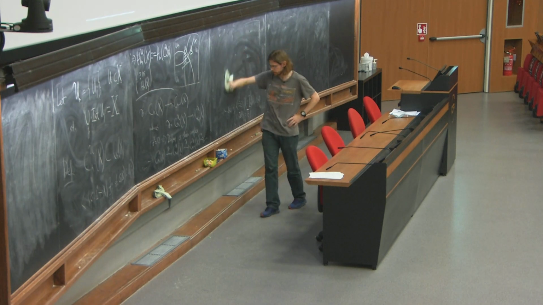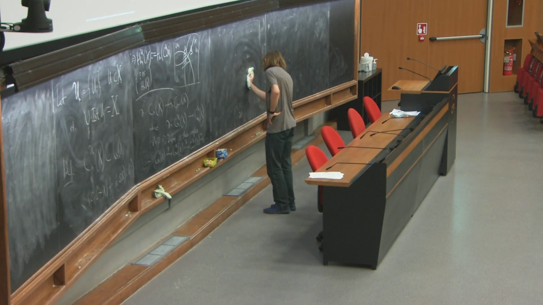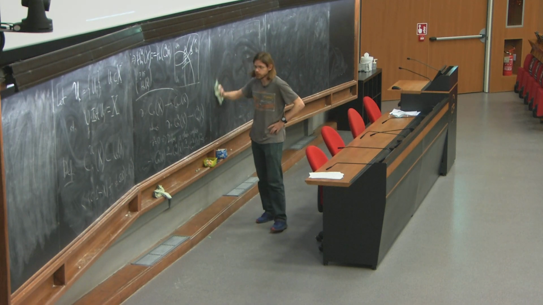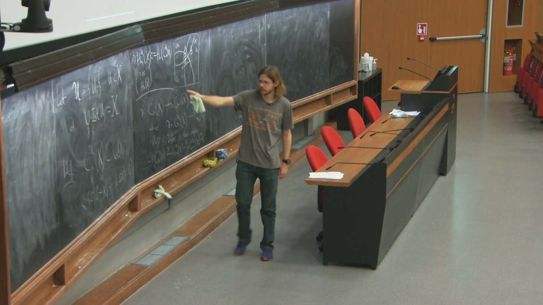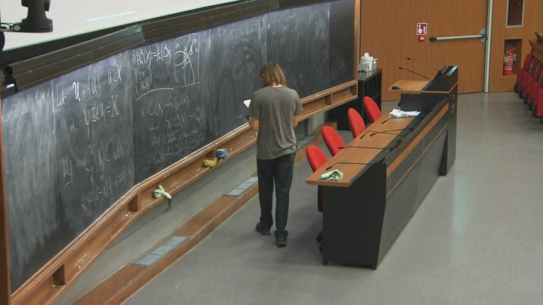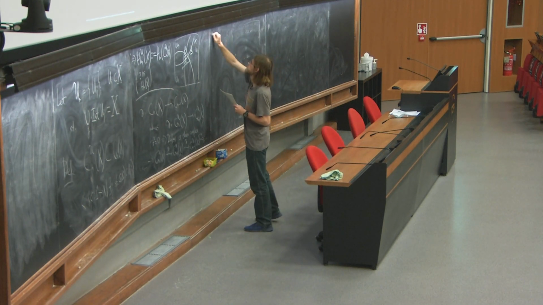So the formal statement we want to make is the following. Part of the statement will indeed be the isomorphism of these groups, but more precisely, we'll have the following lemma.